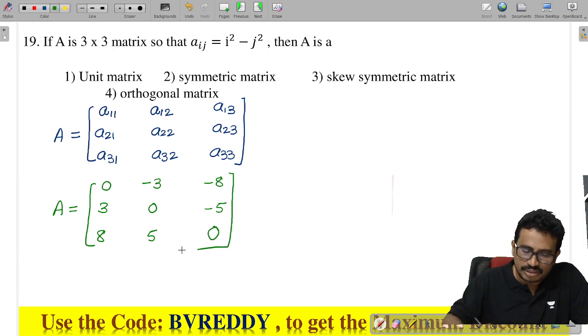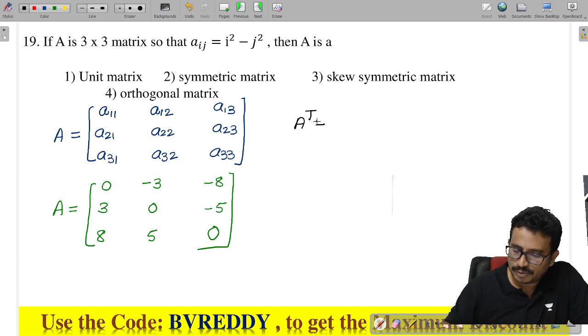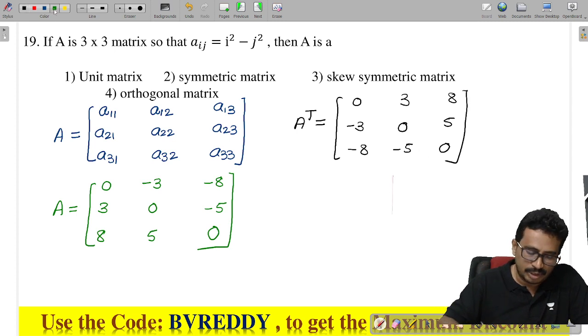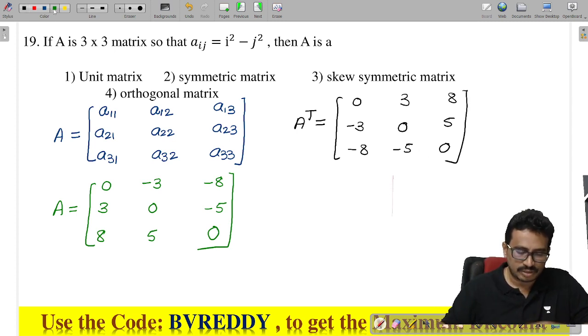Now if we check this matrix, see carefully. If I take the transpose of this matrix, tell me what I will get here: 0, minus 3, minus 8; 3, 0, minus 5; 8, 5, 0. Now can you tell me which option here?